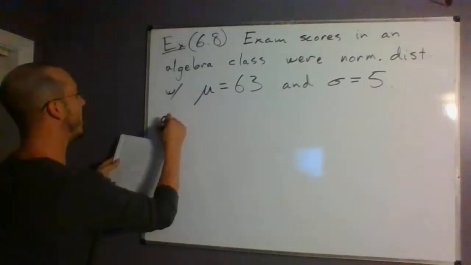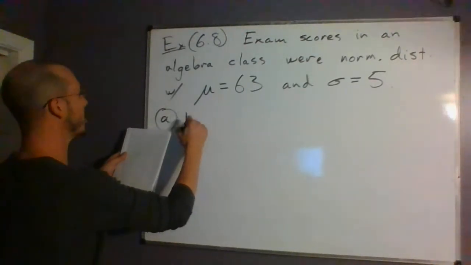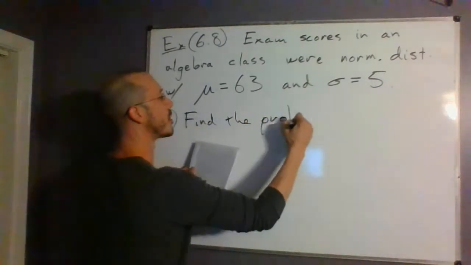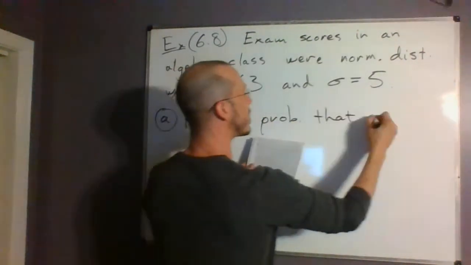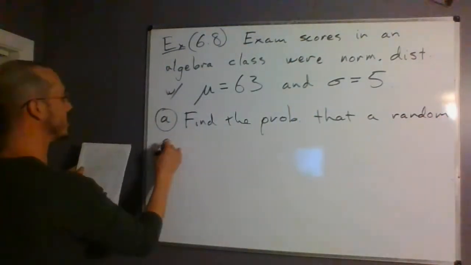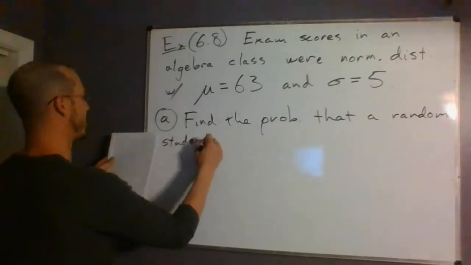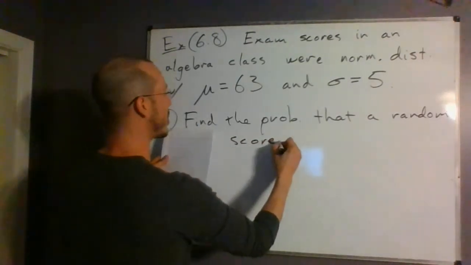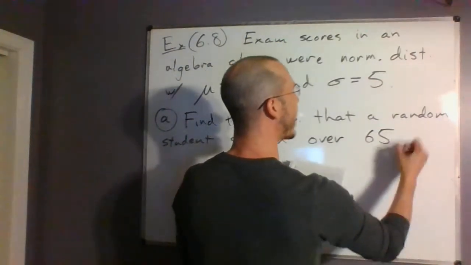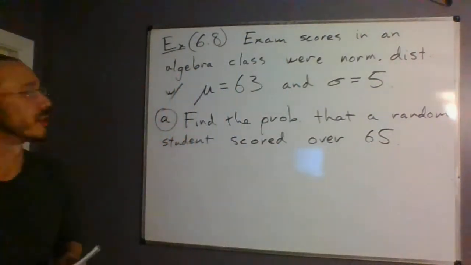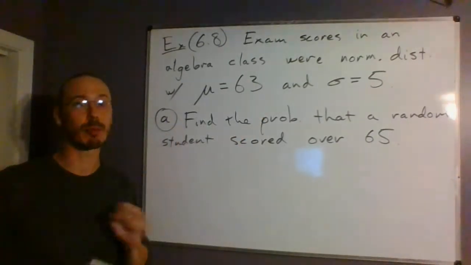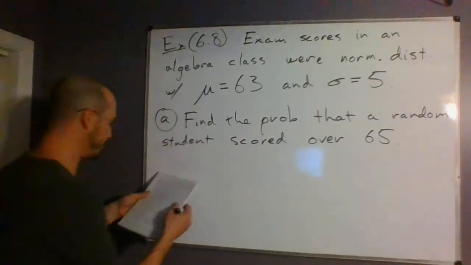So for this problem, to start with, we're going to find the probability that a random student scored over 65. So that is above average. We're going to find the exact probability by using this.